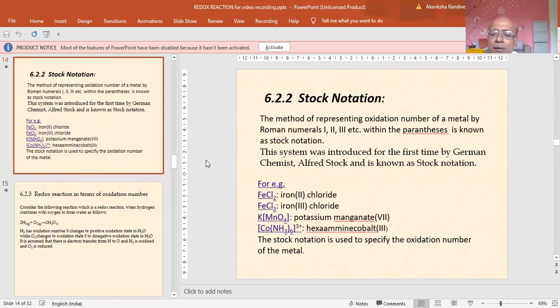So hexaamminecobalt(III) ion is the stock notation. Therefore, from this much information, we can say that the stock notation is used to specify the oxidation number of the metal. So the oxidation number of the metal is written in a bracket. So we specify the oxidation number of the metal in a compound.